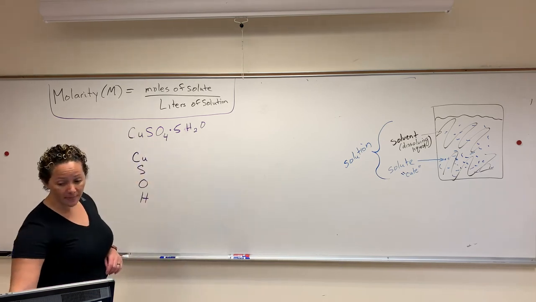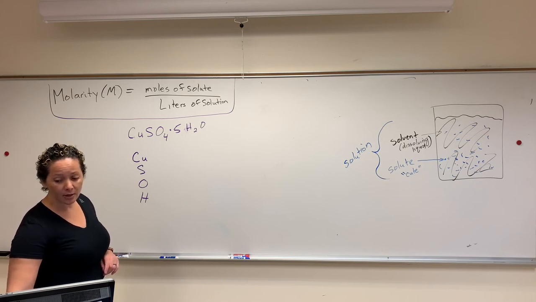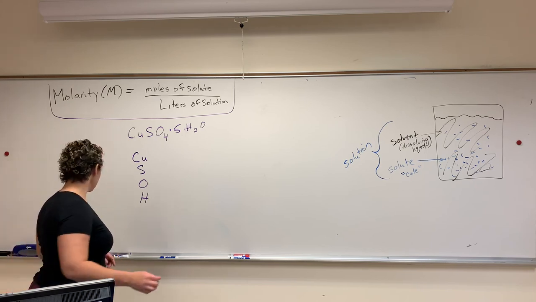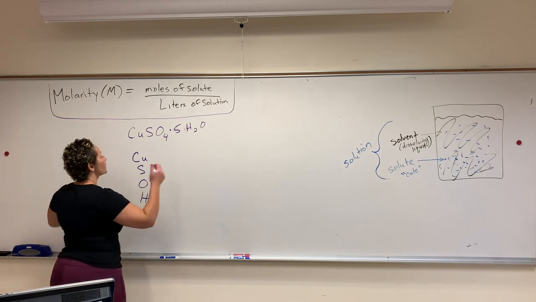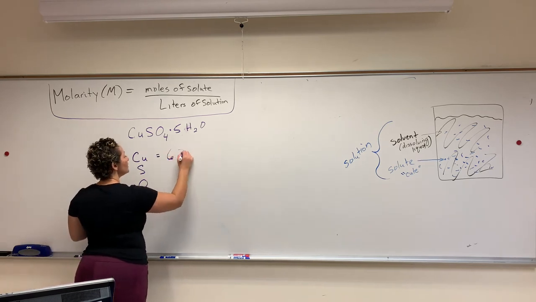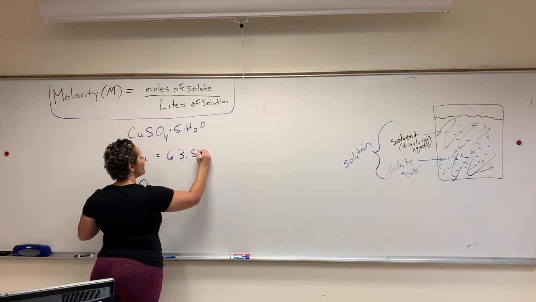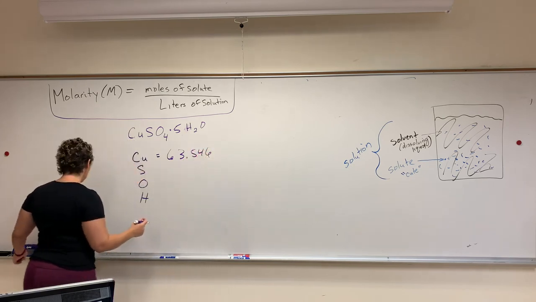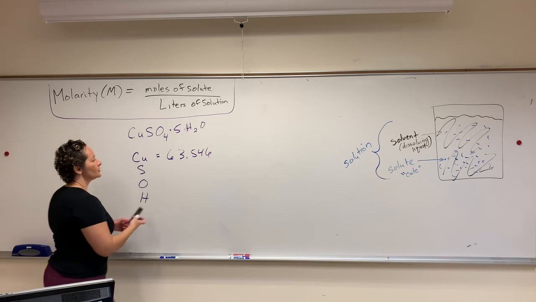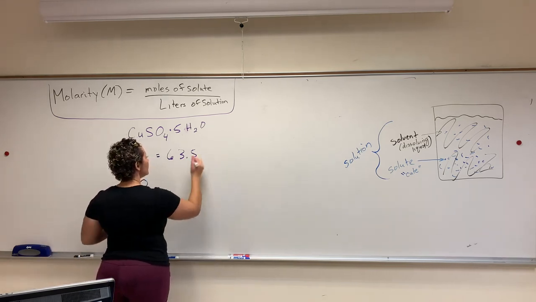So your atomic mass, or i.e. your mass number for copper, is 63.546. We don't need so much. So how about we call it 63.5.